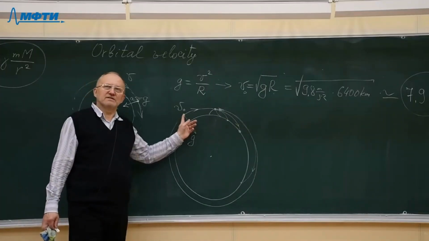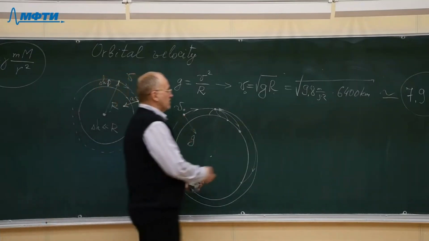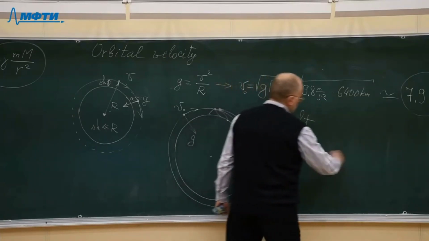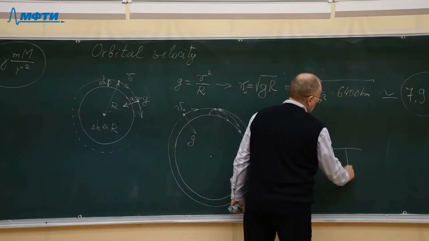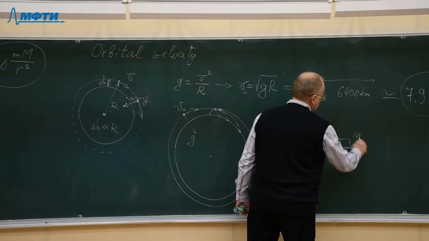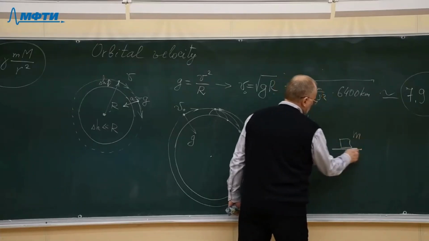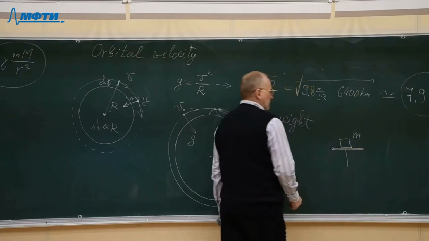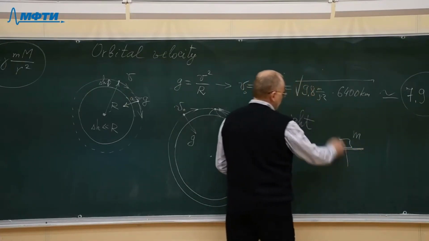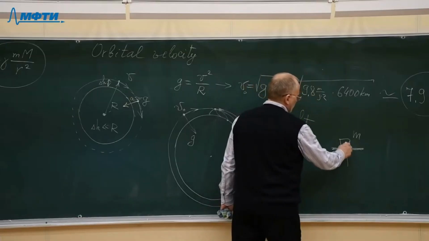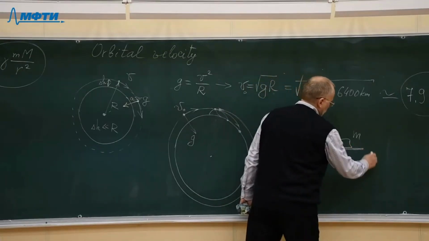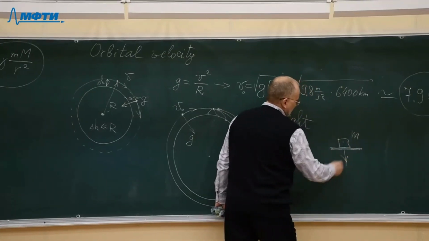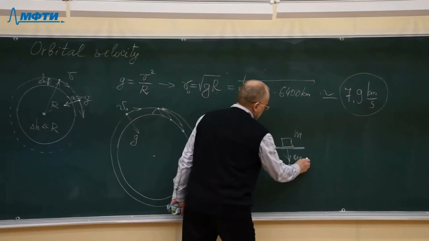What is weight? What is the weight of a body? The weight is a force with which a body of mass m acts on a balance. So this is a balance, and the balance is used to weigh the objects, and the force with which the object acts on the balance is mg, and this is the weight of the body.